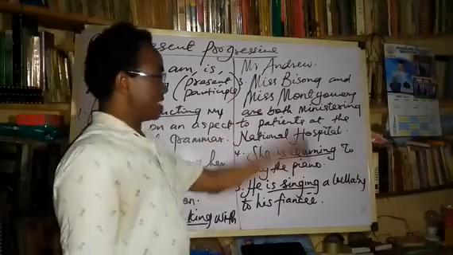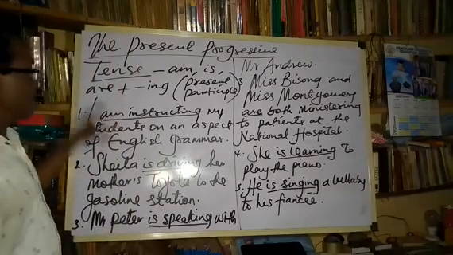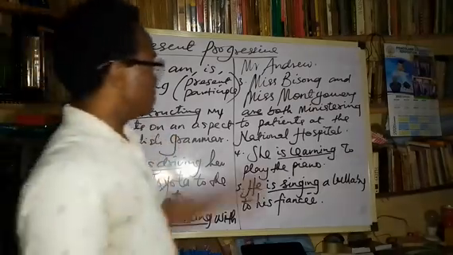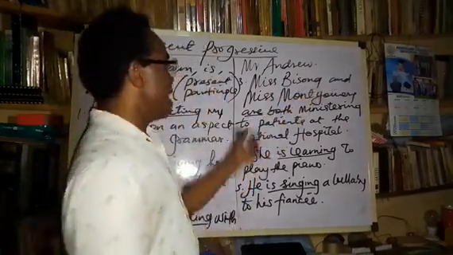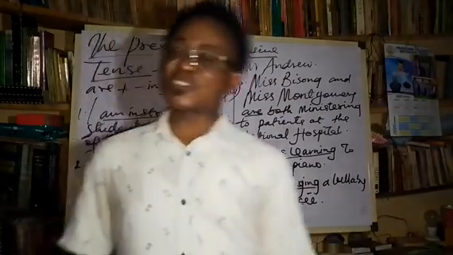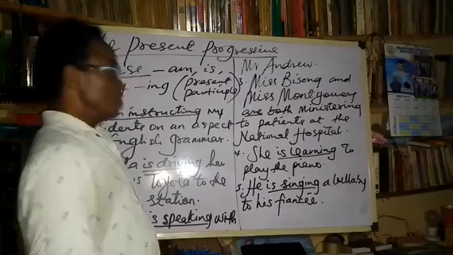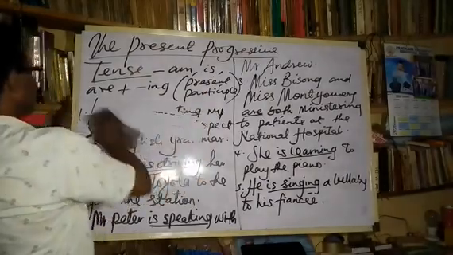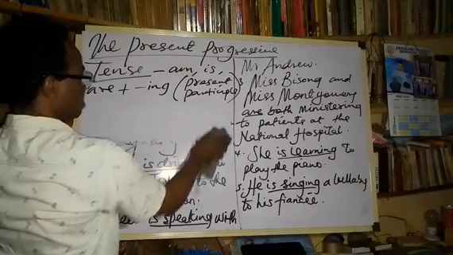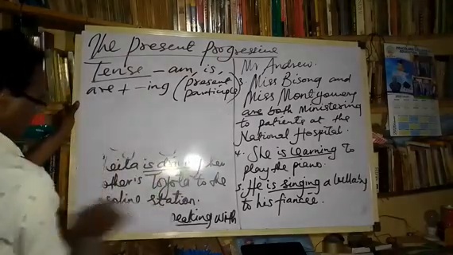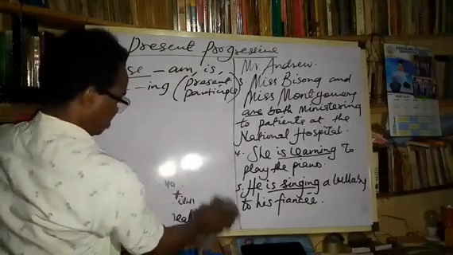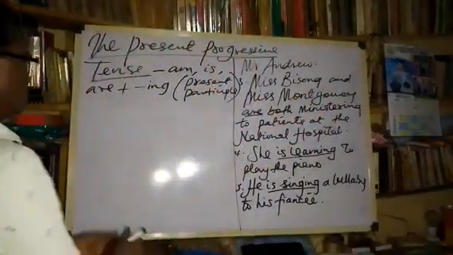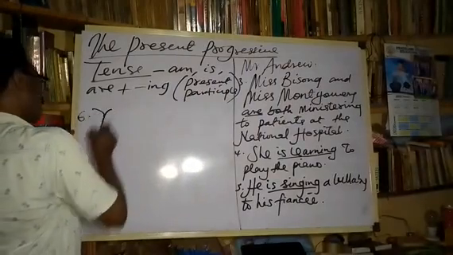Mr. Peter is speaking with Mr. Andrew. I am listening. So I am instructing my students on an aspect of English grammar. Miss Bisang and Miss Montgomery are both ministering to the patients at the National Hospital. What about the plural form using a pronoun? Number 6, you.